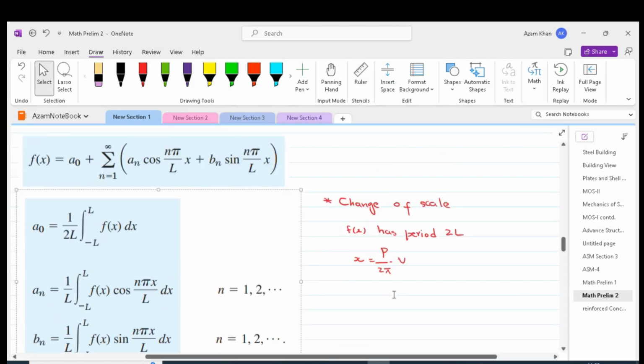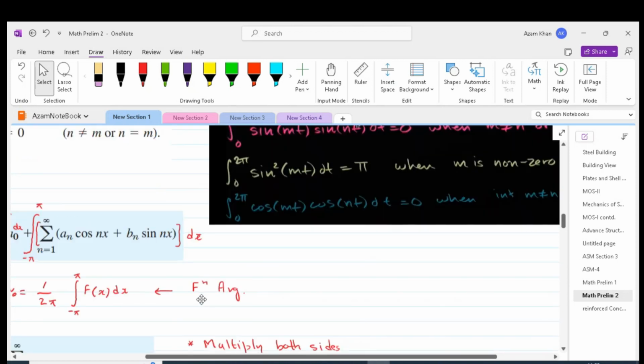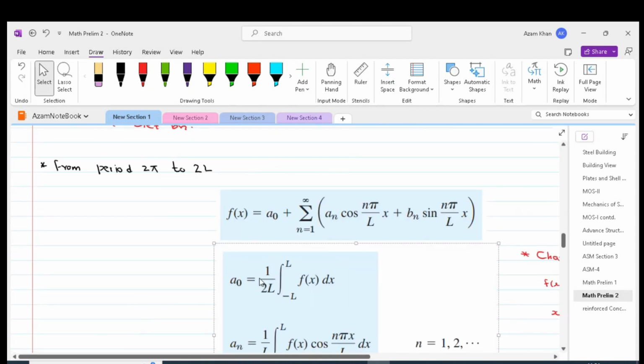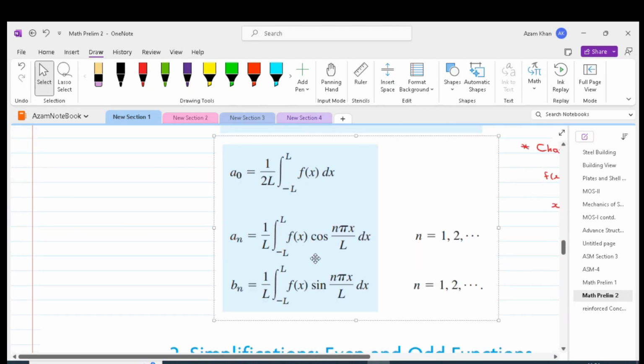And this is done if we set x is equal to p by 2 pi times v, and in this equation, we will easily get the form shown over here.